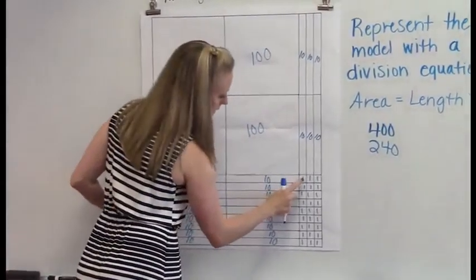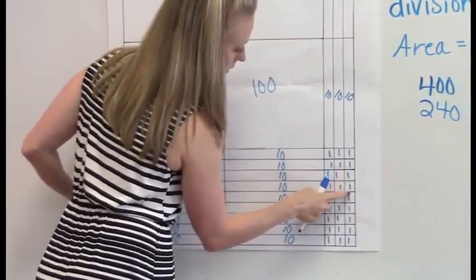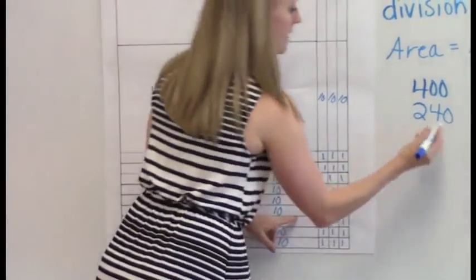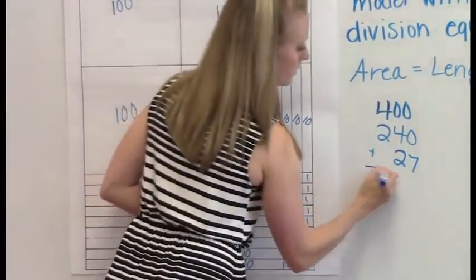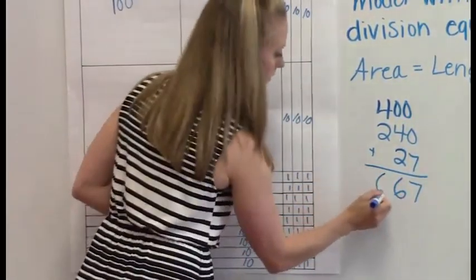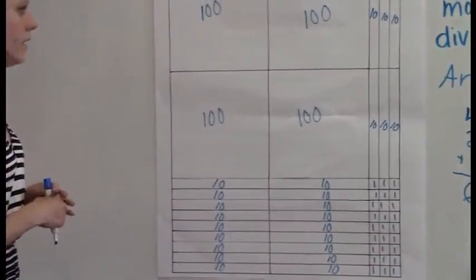And then finally we have 1, 2, 3 by 1, 2, 3, 4, 5, 6, 7, 8, 9. 9 by 3, we've got 27 ones. Add that all together, and our total quantity represented inside our giant rectangle is 667.